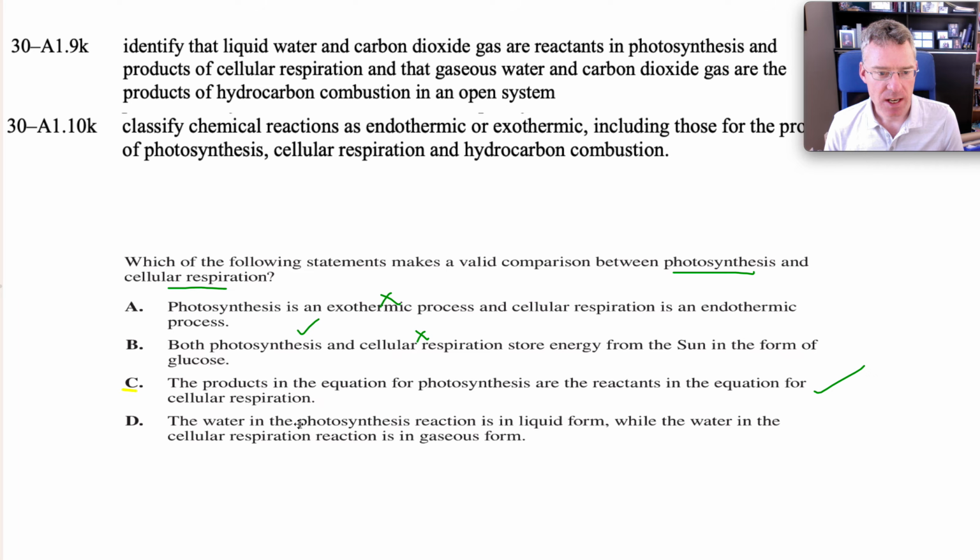Water in the photosynthesis reaction is in the liquid form. That's true. That's in a cell. While the water in cellular respiration is gaseous, no, it would also be in the liquid form. So lots of little true and false bits, but only C is totally true. Please make sure you go through these reactions and you're familiar with this. It can be a fairly straightforward question if you have fully prepared for it.